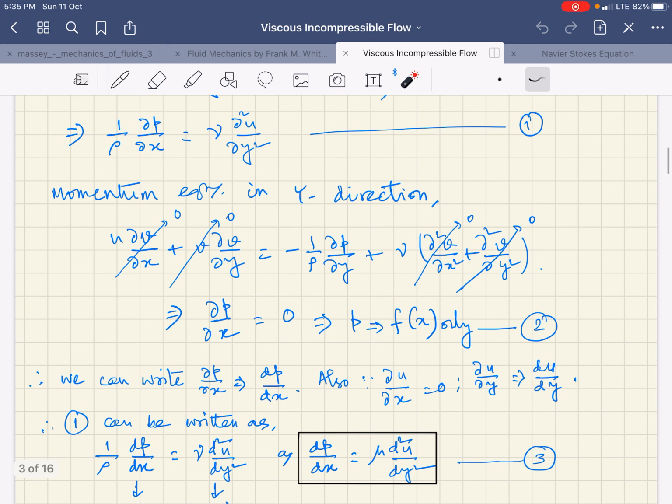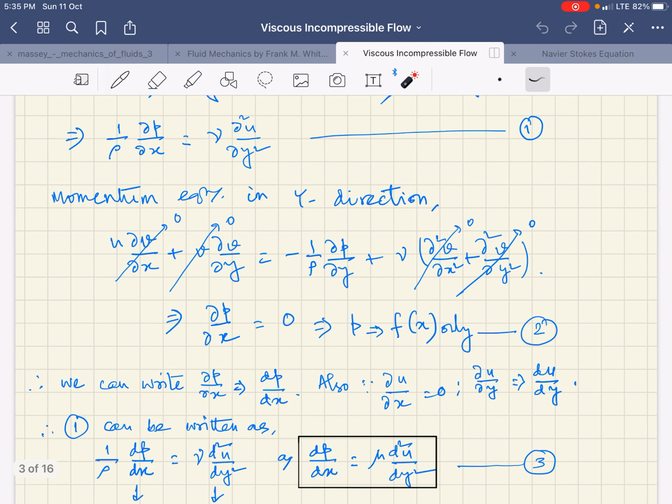In a similar manner, if you consider the momentum equation in the y direction, then it will be u ∂v/∂x plus v ∂v/∂y equal to minus 1/ρ ∂p/∂y plus ν (∂²v/∂x² plus ∂²v/∂y²).